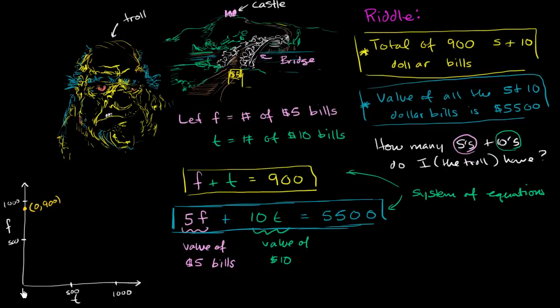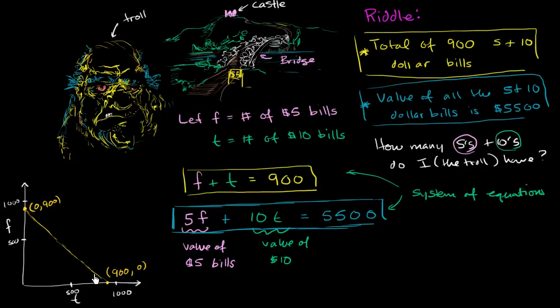If we have no 5s, we're going to have 900 10s. So that's going to be the point: 900 10s, 0 5s. So all the combinations of f's and t's that satisfy this are going to be on that line right over there. I just draw a dotted line because it's easier for me to draw it straight. So that represents all the f's and t's that satisfy the first constraint.